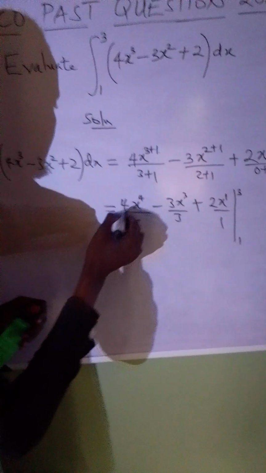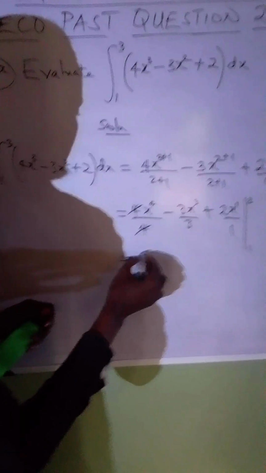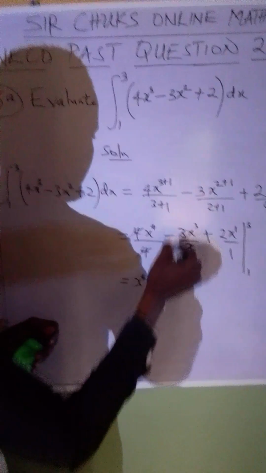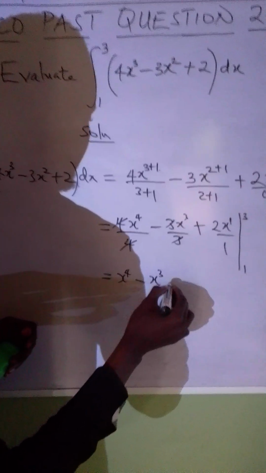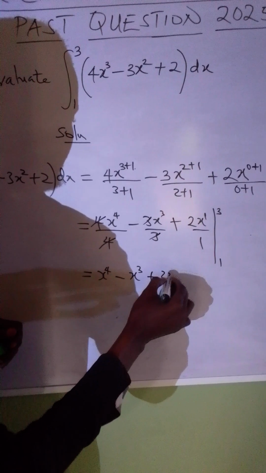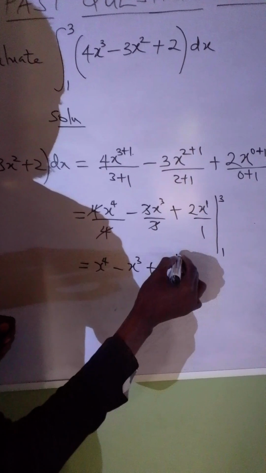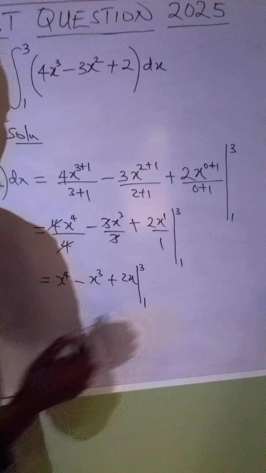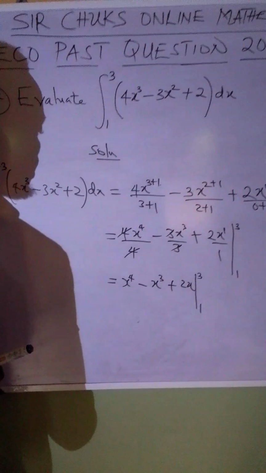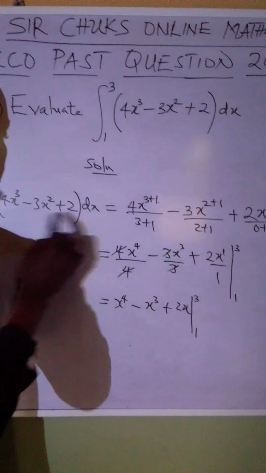So I have 4 cancel 4, I have x raised to power 4, minus 3 cancel 3, x raised to power 3, plus 2x, upper limit 3, lower limit 1. Then I've just integrated this function.